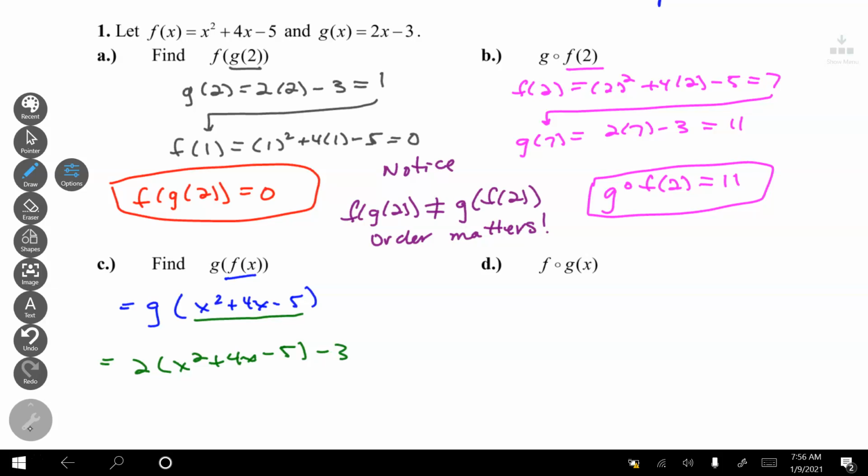And if I distribute and subtract a 3, I get g of f of x is equal to 2x squared plus 8x minus 10, but minus 3 is minus 13.